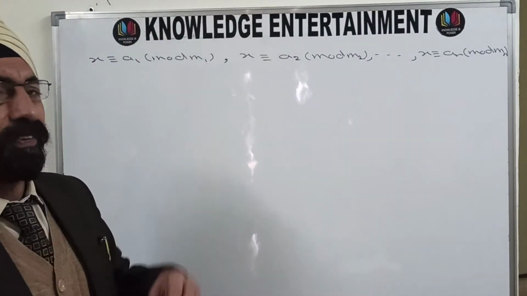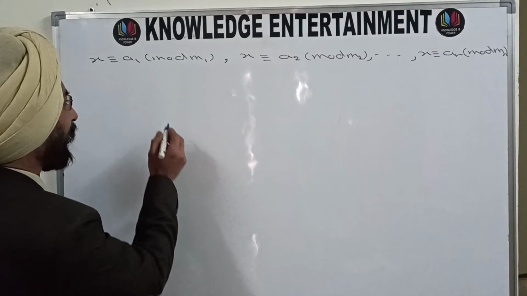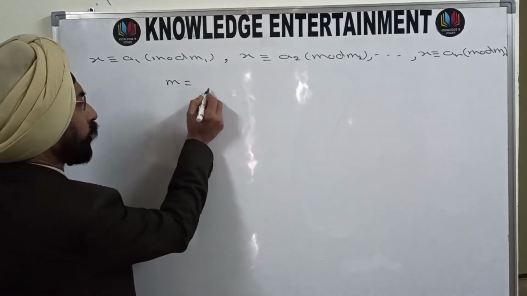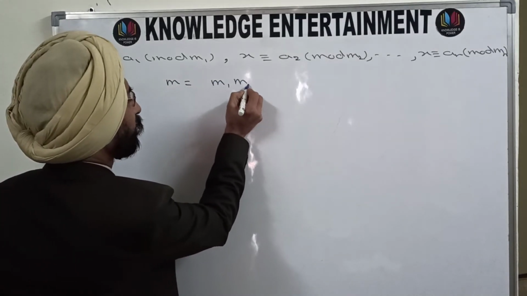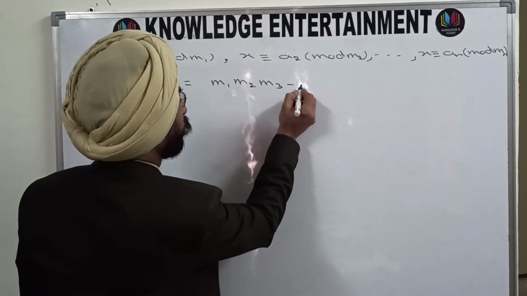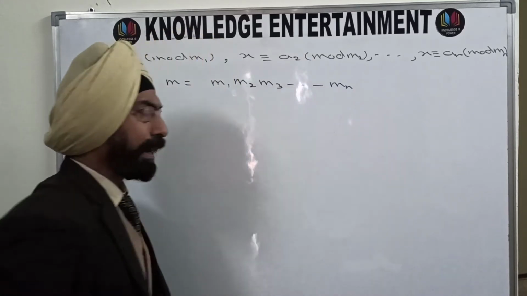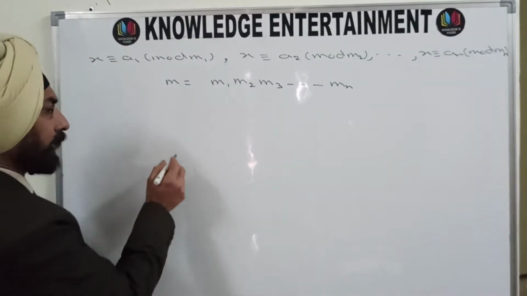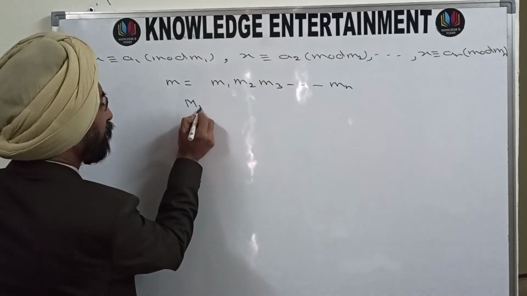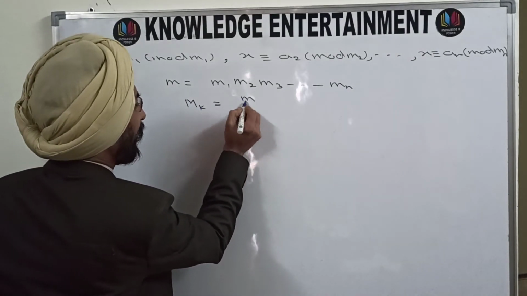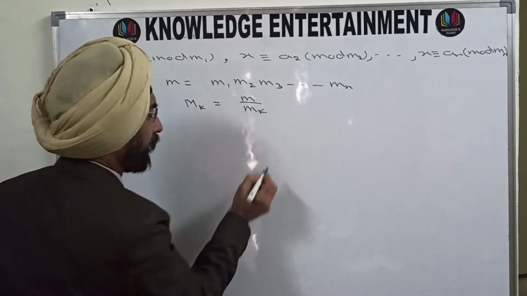So this system of linear congruences is given to us. And what is your m? Your m is the product of these integers m1, m2, m3 and mn. Now define capital Mk as m divided by small mk.